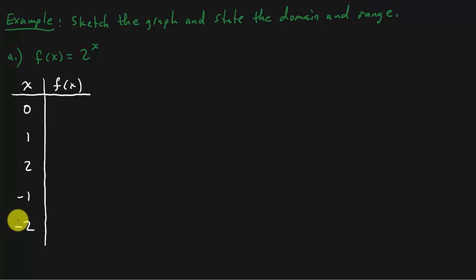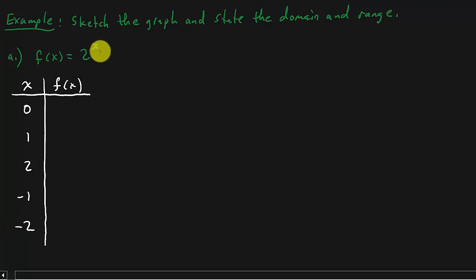So I always pick an exponent of 0, then 2 positive exponents, that's where the 1 and 2 come in, and then 2 negative exponents, that's where the -1 and -2 come in.